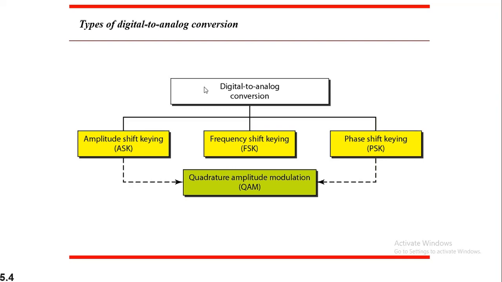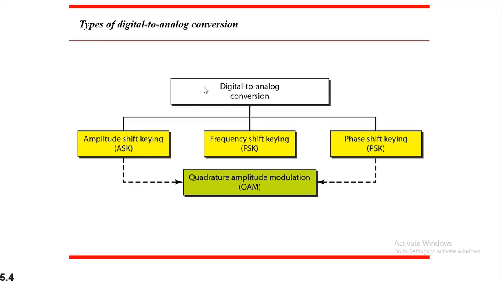Then we have frequency shift keying, where the digital data is mapped with the frequency of analog signal, and that is passed. And the third one, we have phase shift keying, where digital data is mapped with phase of analog signal, and that is being transmitted through a communication channel.